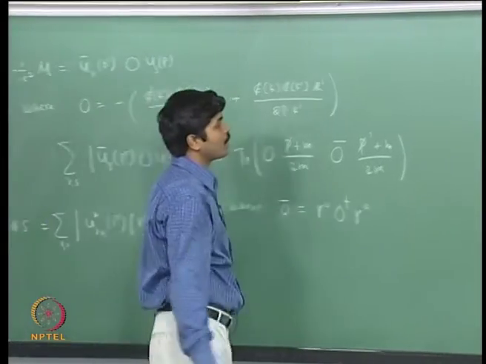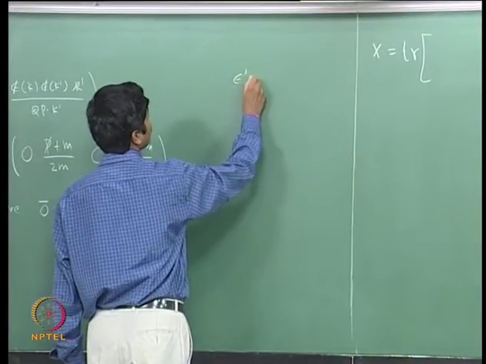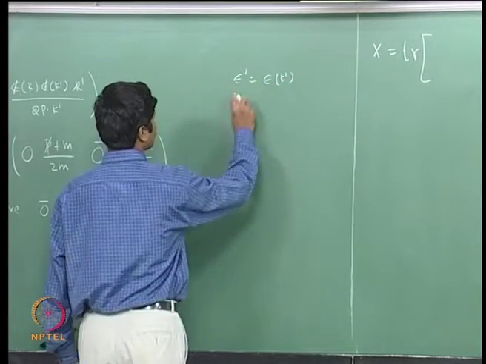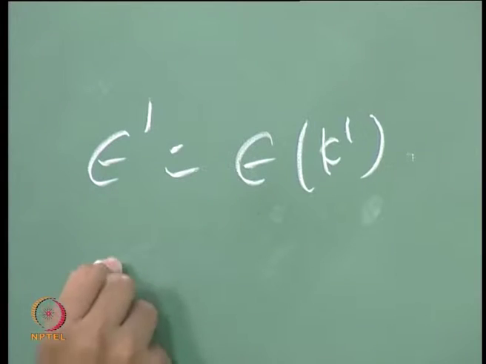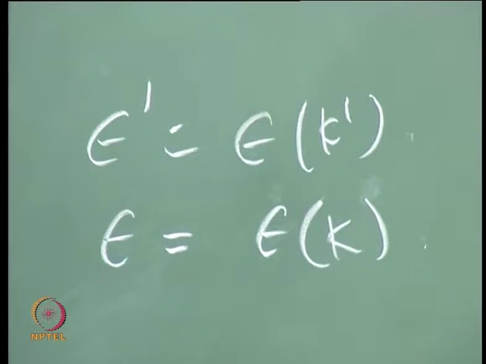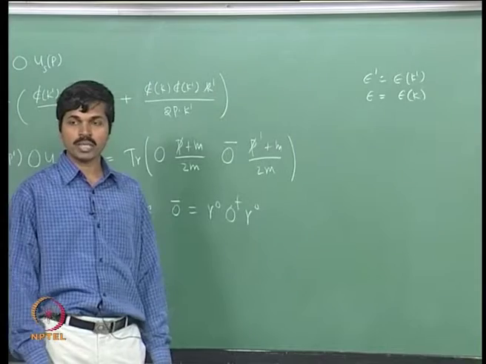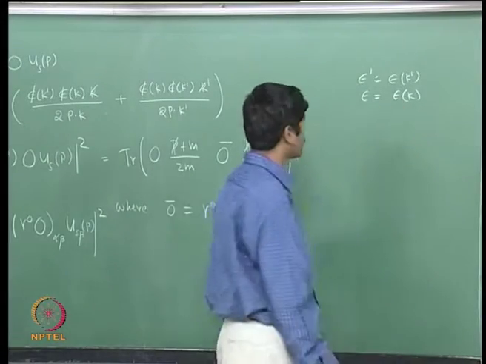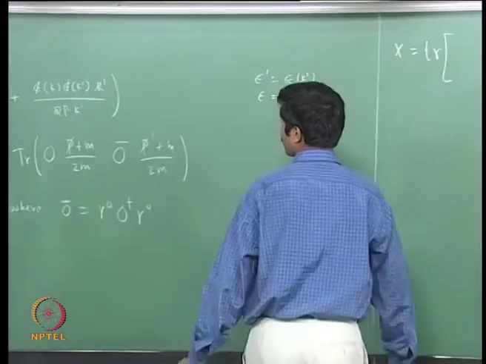So, I will denote epsilon prime to be epsilon of k prime, so that we do not have to write every time epsilon of k prime, and I will simply write epsilon for epsilon of k. This is the notation I will use from now on, just for convenience, and we will go on.